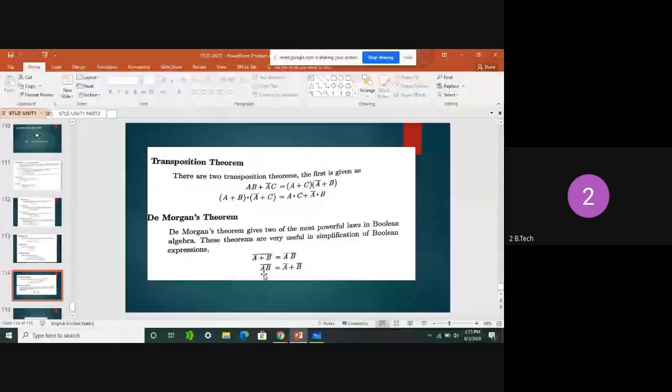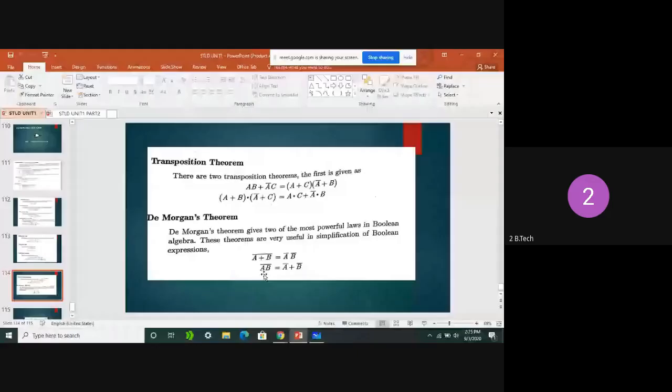Clear, all of you? Yeah, sir. And clearly I'm telling you, the NAND gate is similar to the bubbled OR gate. Bubbled OR means the inputs are given through NOT gates and provided to the OR gate, so that is similar to the NAND gate. So that relation we have also seen.